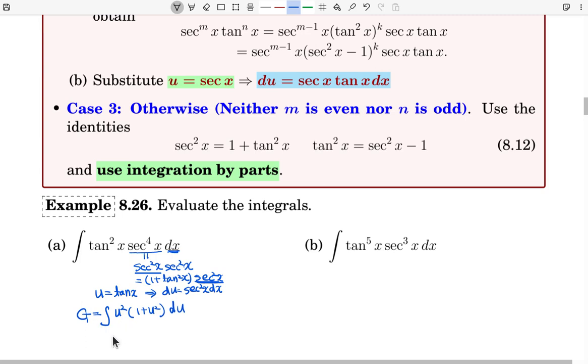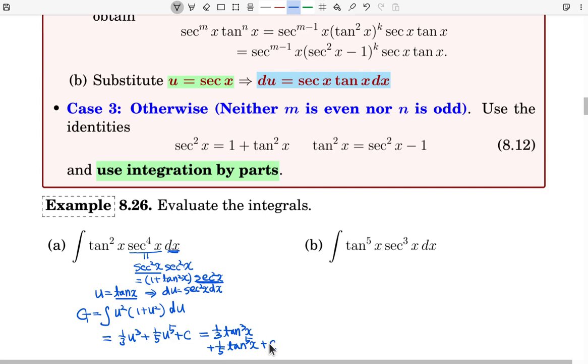It's simple, right? That is 1/3 of u cubed, plus, since there's a 4th power, 1/5 of u to the 5th, plus c. Now u must be replaced by tangent x, so 1/3 tangent cubed x plus 1/5 tangent to the 5th power of x plus c.